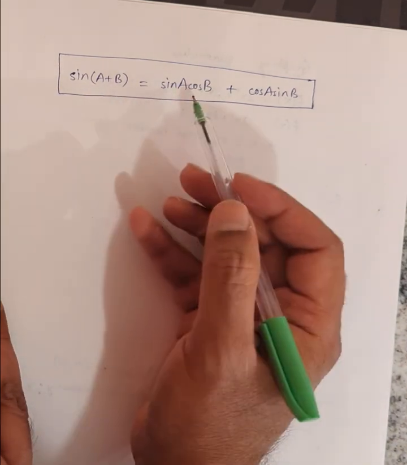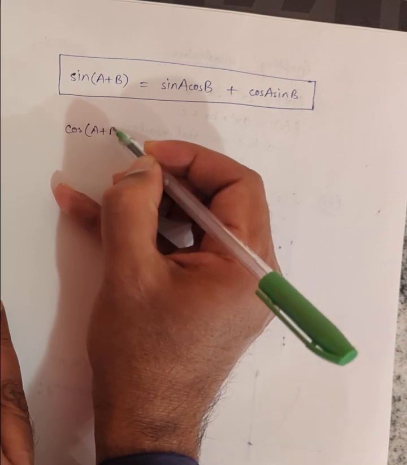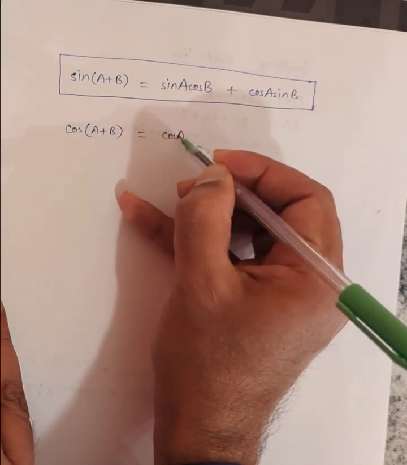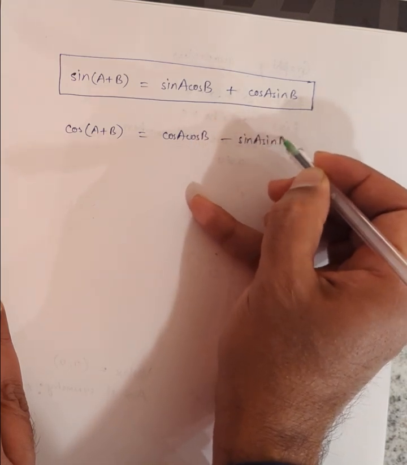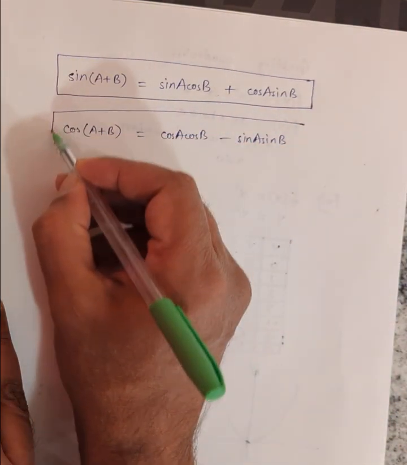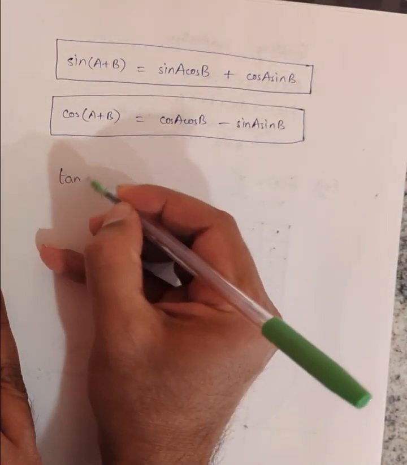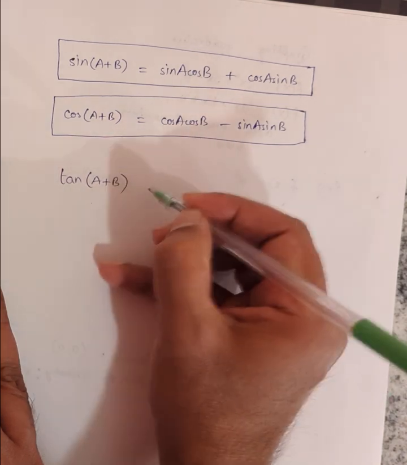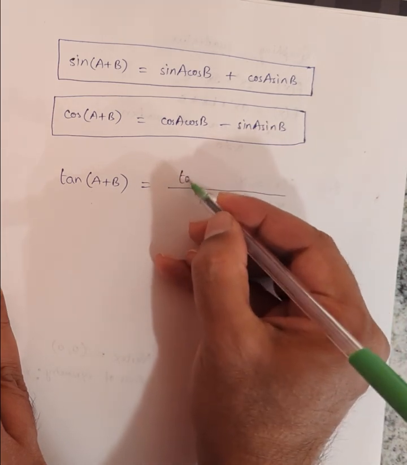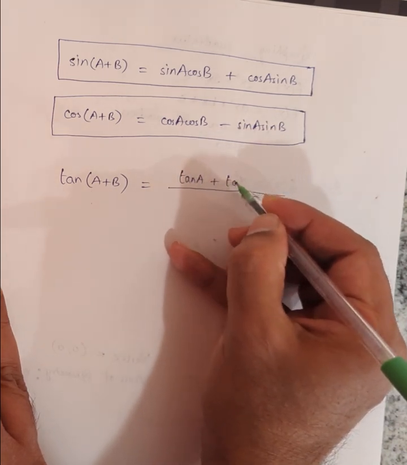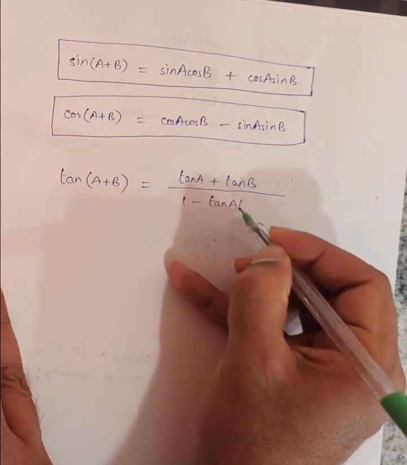It does not matter. That's the formula. Cos of A plus B equals cos A cos B minus sine A sine B. So let's put that also in a box. And then finally, tan of A plus B is a fraction with numerator tan A plus tan B and denominator 1 minus tan A tan B.